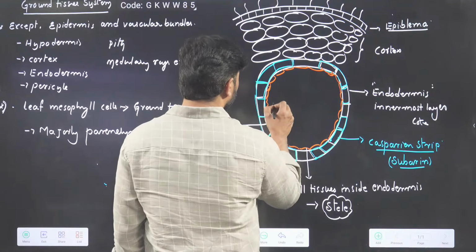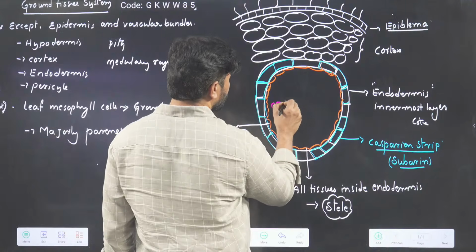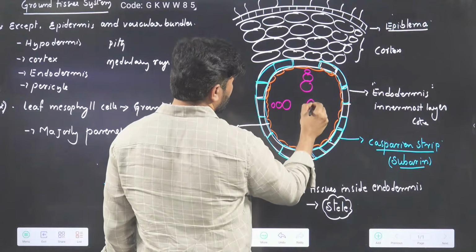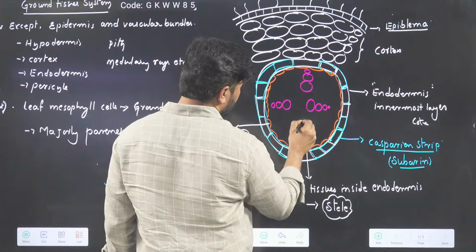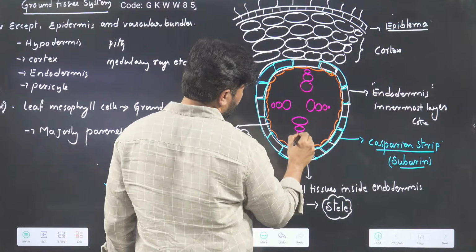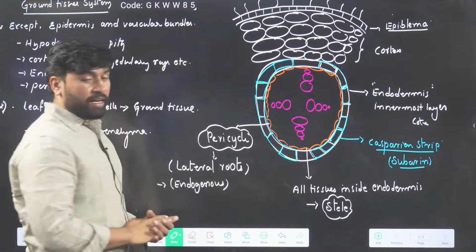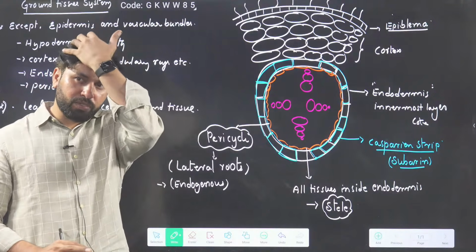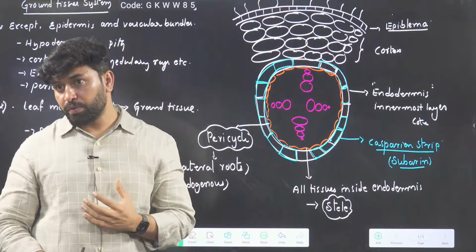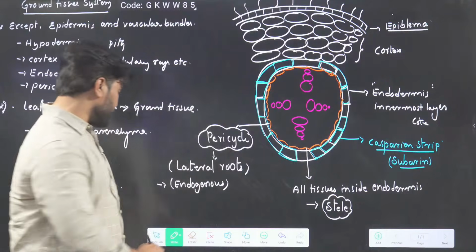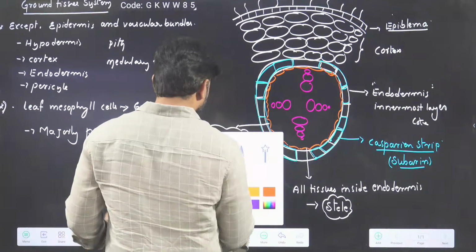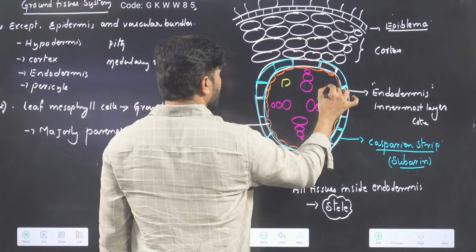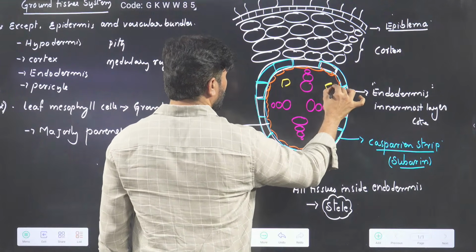In the root, there is a presence of exarch protoxylem. Am I correct? Root has exarch protoxylem. Stem has endarch protoxylem. Remember. Next one, they do have phloem. Phloem also the same story, exarch protophloem.